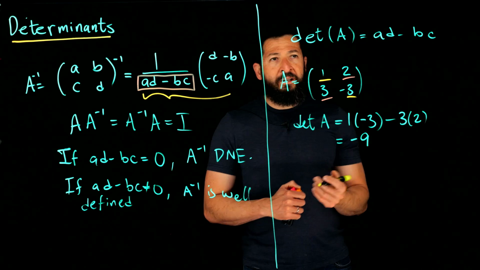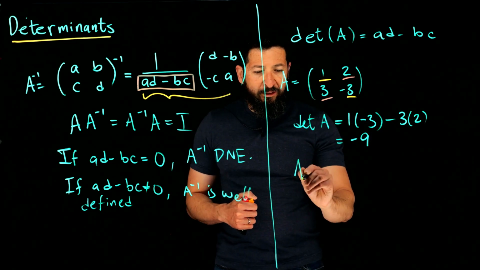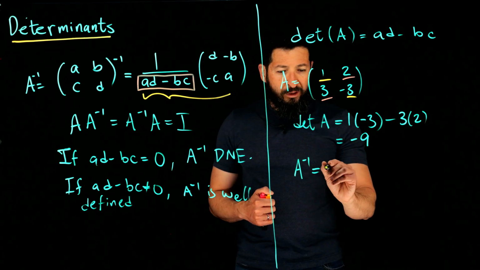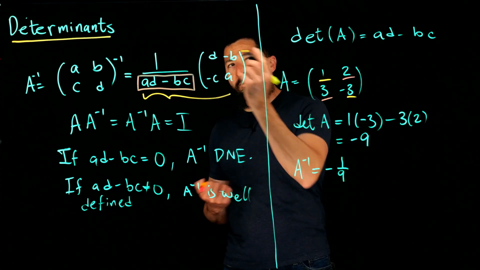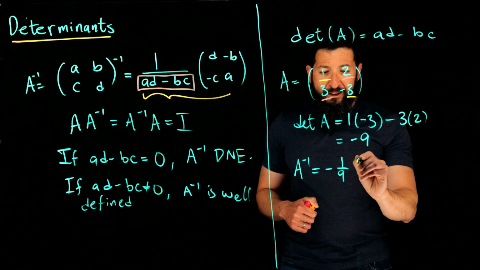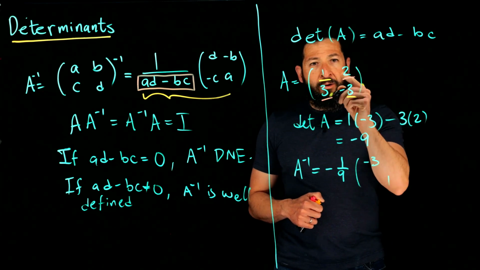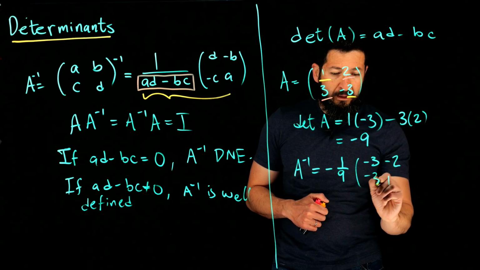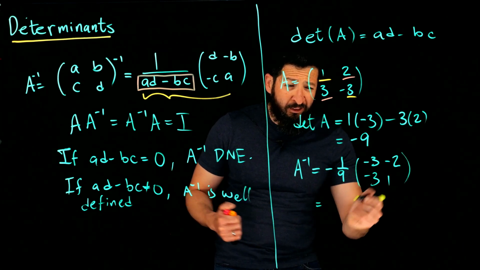So the matrix I wrote here is invertible, and you can write the inverse by using that formula. Let's do that real quick. So this is going to be called the shortcut formula for us. So -1/9, I just did 1 over -9. I put the negative outside. Swap the diagonal entries, -3, 1. Throw negatives in front of the off diagonals. And if you wanted, you could distribute that -1/9, although it's not necessary.